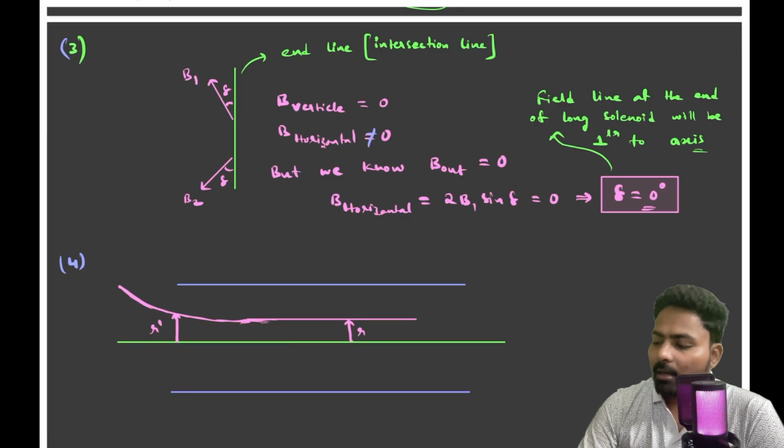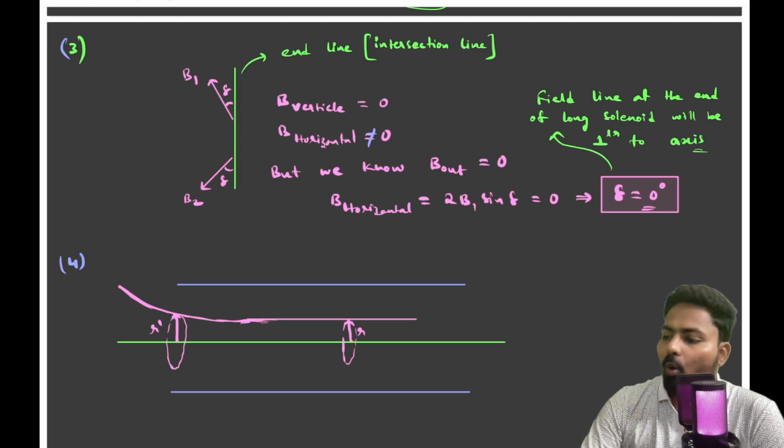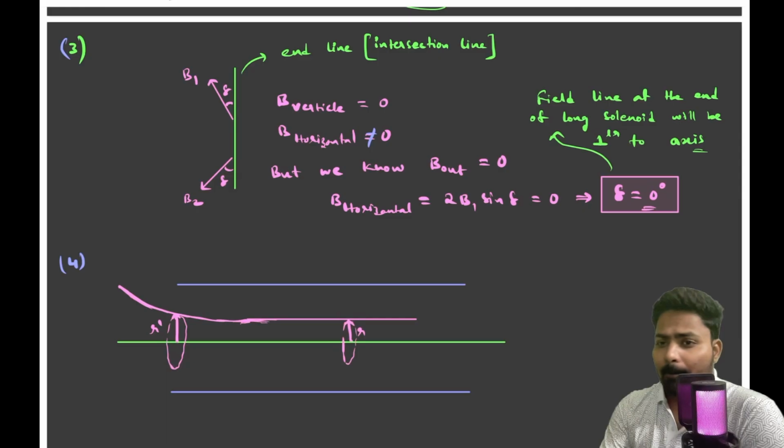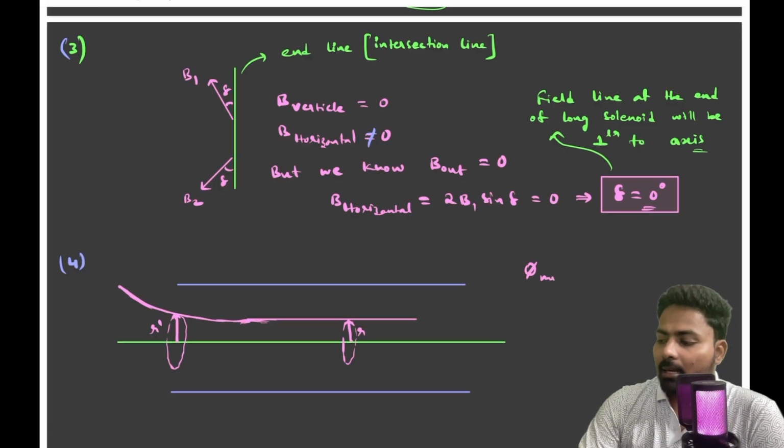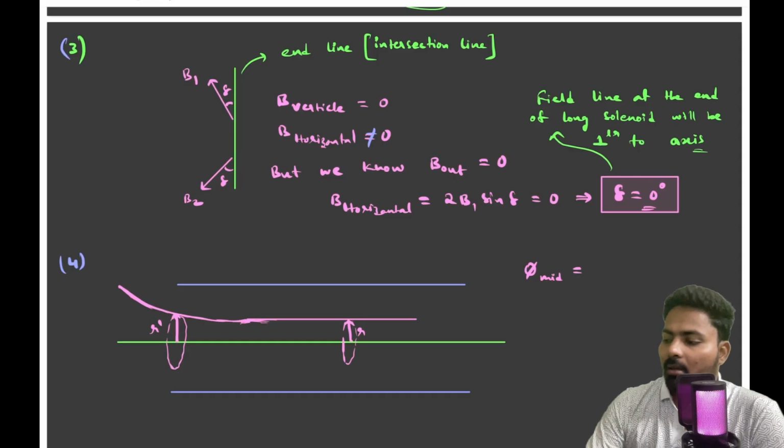So if you consider a cross section over here of radius r, and a cross section of radius r dash over here, whatever flux or field lines cross through the cross section of radius r, the same field lines or the same flux must go through the radius r dash also. So the flux at the middle from this cross section will be equal to the flux at the end.